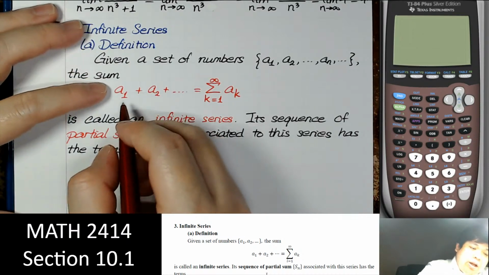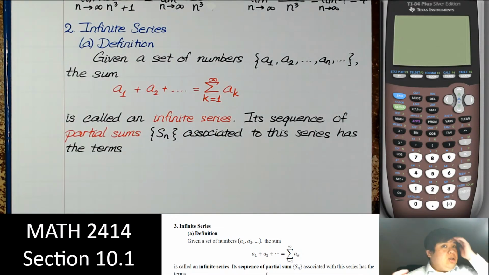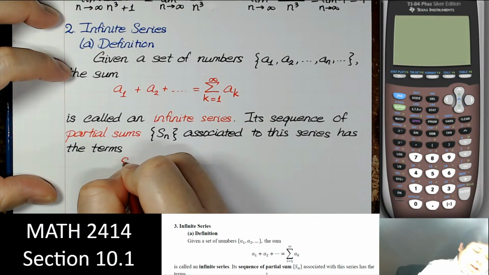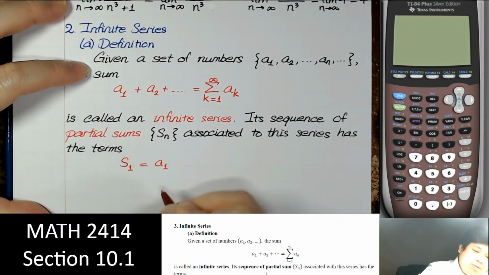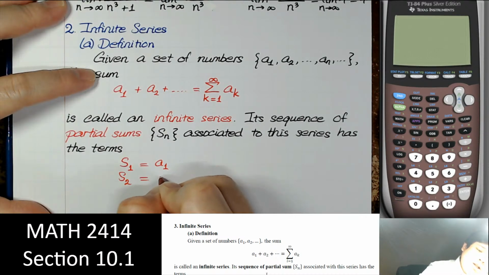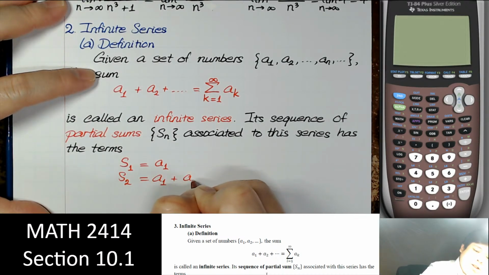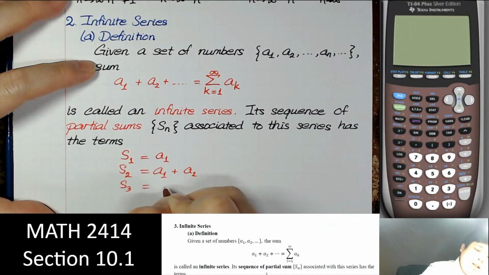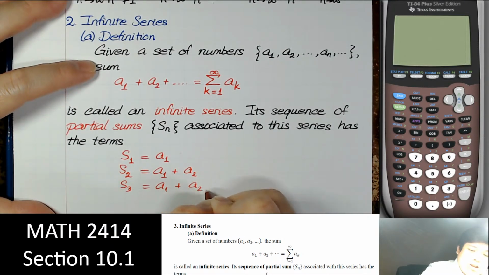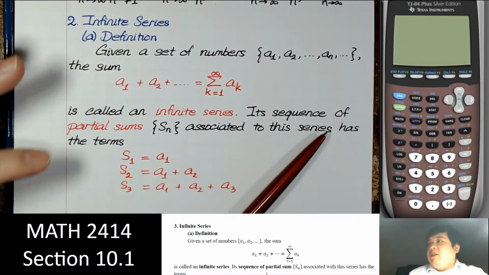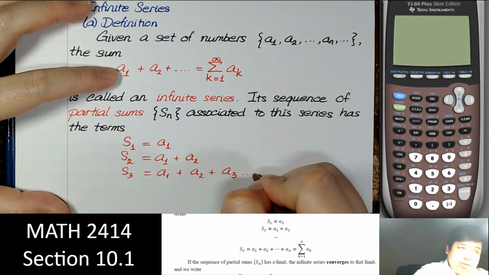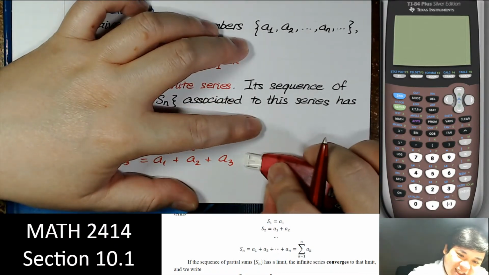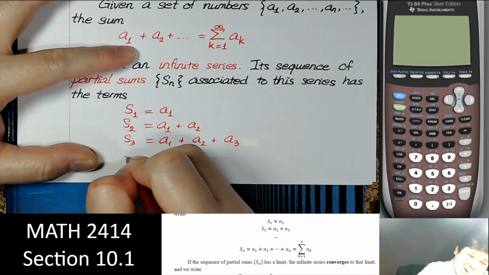Right, so a sequence is a list of numbers or just individual terms. Now this is the sum. S sub 1, we have just the first term. S sub 2, the sum of the first 2 terms. S sub 3, the sum of the first 3 terms. And you have the idea. I should not put a dot there. Sorry, very misleading. A dot here.